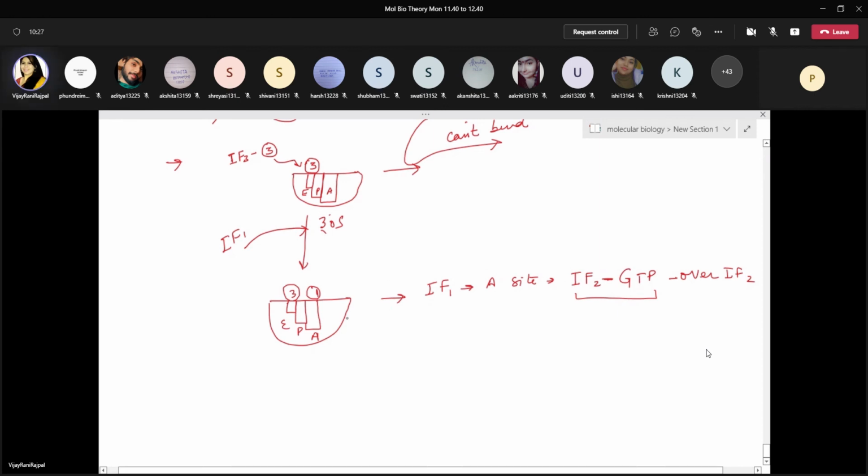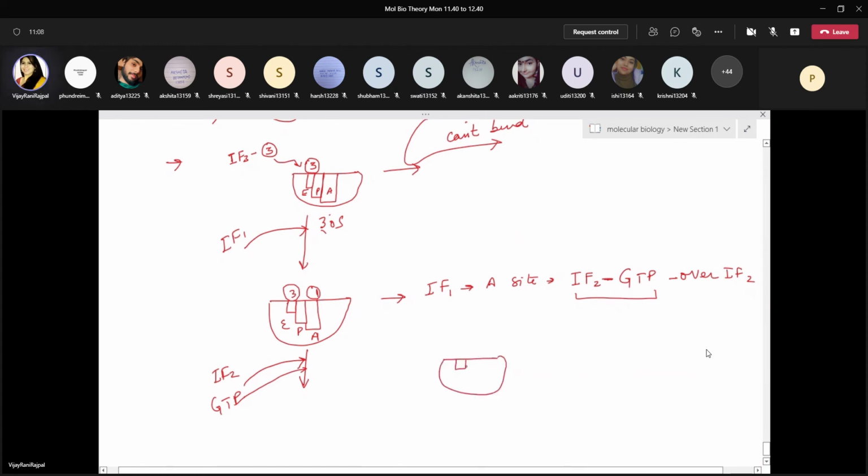Yes, sir. Yes. The first initiator tRNA carries the initiating amino acid, which is fMet. Now we are leaving the P site empty. So to this now IF2 joins, which is actually IF2 joined with a GTP. So IF2 and GTP, they join over the IF1.